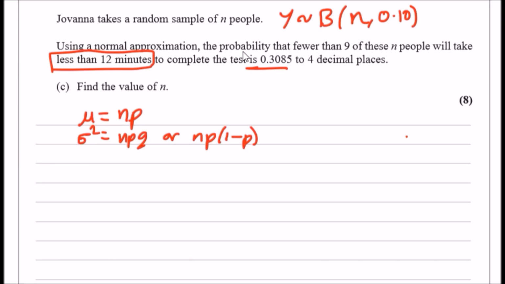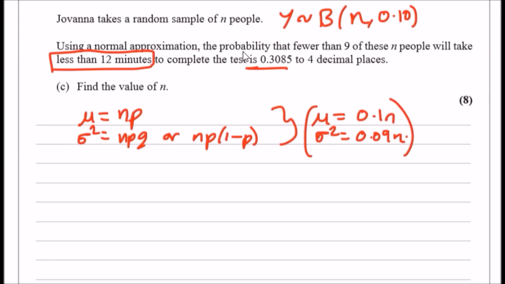So the mean is going to be n times 0.1, which is 0.1n, and to find the variance, n times 0.1 times 1 minus 0.1 will give us 0.09n. And that's our normal distribution now. So we can finally say that Y is now normally distributed with a mean of 0.1n and a variance of 0.09n. The standard deviation would be the square root of that, by the way.